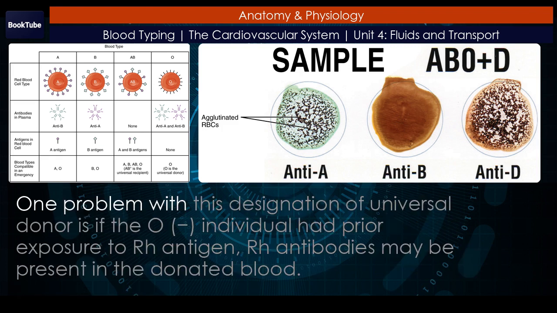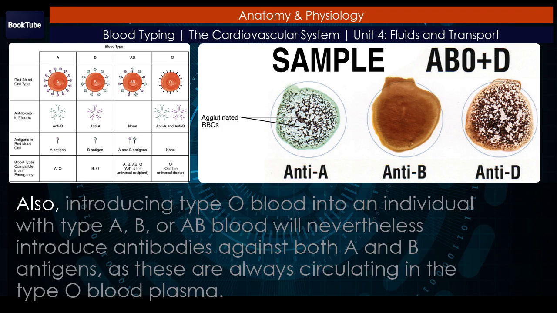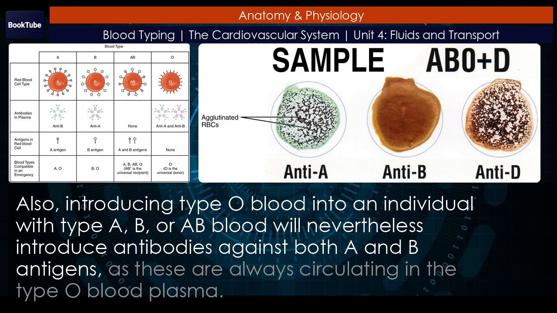One problem with this designation of universal donor is if the O- individual had prior exposure to Rh antigen. Rh antibodies may be present in the donated blood. Also, introducing type O blood into an individual with type A, B, or AB blood will nevertheless introduce antibodies against both A and B antigens.